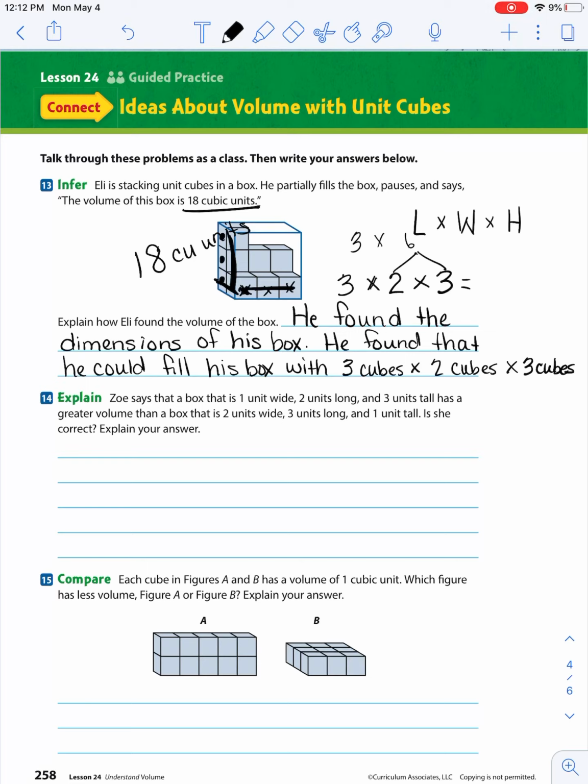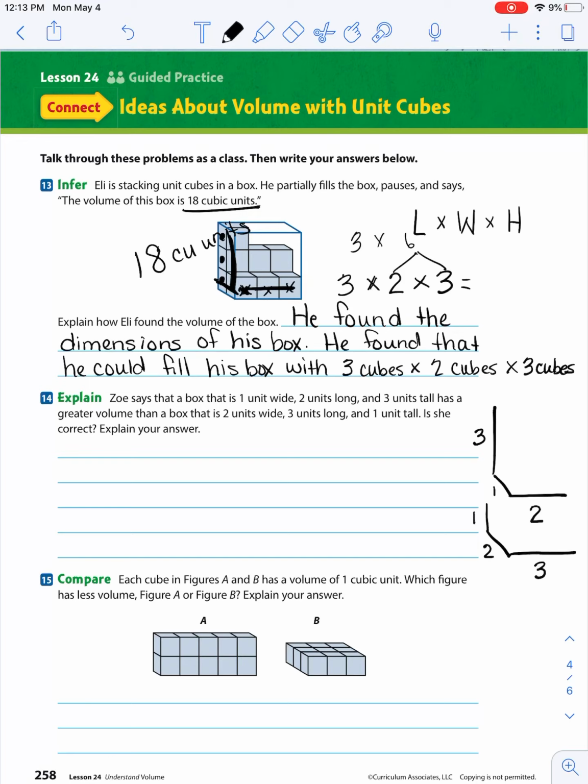Okay? Number 14, Zoe says that a box that is 1 unit wide, 2 units long, and 3 units tall, look at that, has a greater volume than a box that is 2 units wide, 3 units long, and 1 unit tall.